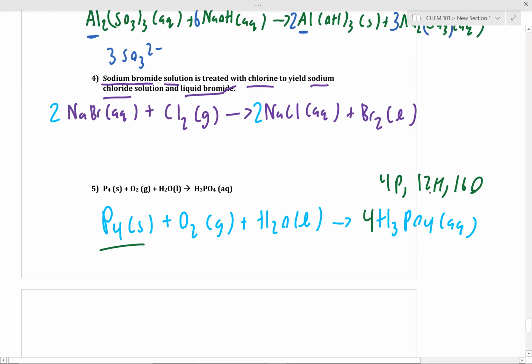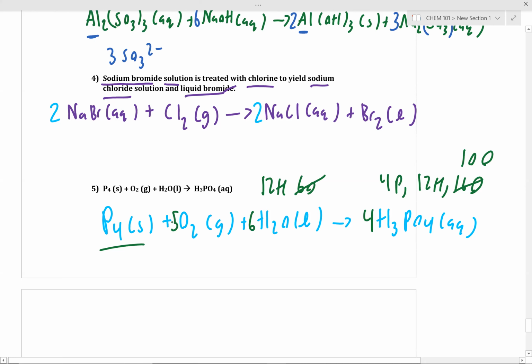So to balance out 12 hydrogens, we need how many waters? 6. Okay, so that gives us 12 hydrogens and 6 oxygens. So we still need 10 oxygens. So where do we get the 10 oxygens from? In order to get 10 oxygens, we need how many O2s? 5. Does that make sense to everyone?